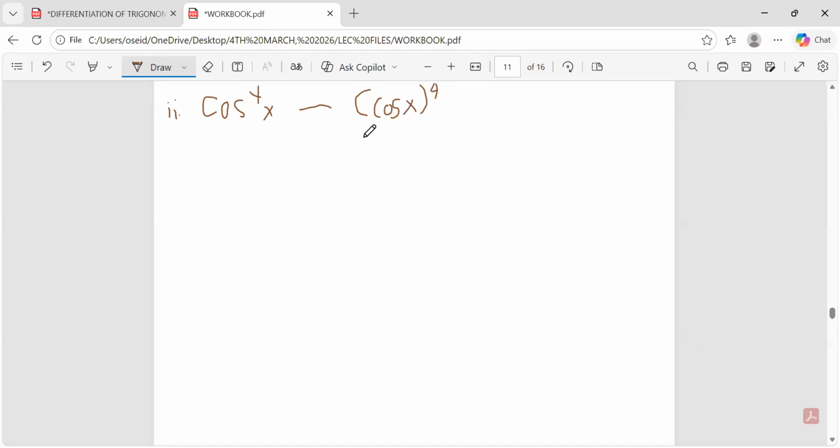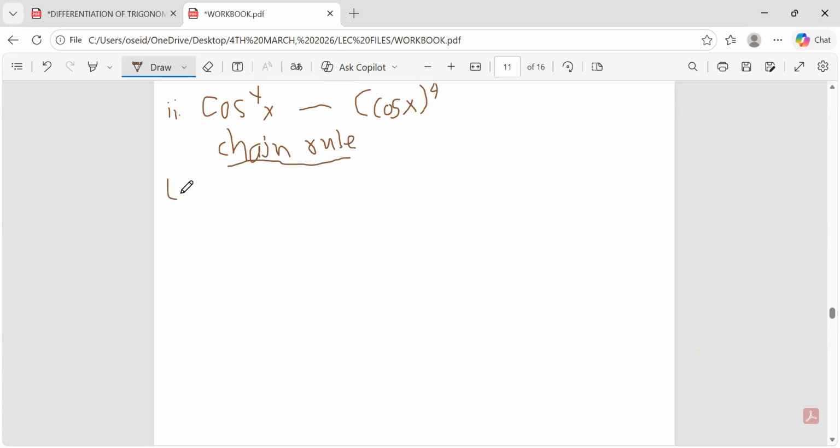So this is the same as the first one we did. We are using the same rule, which is the chain rule. We use the chain rule because the function that we are working on is a composite function. So whenever you meet a composite function, the first thing that needs to come into your mind is to use the chain rule to differentiate the term.